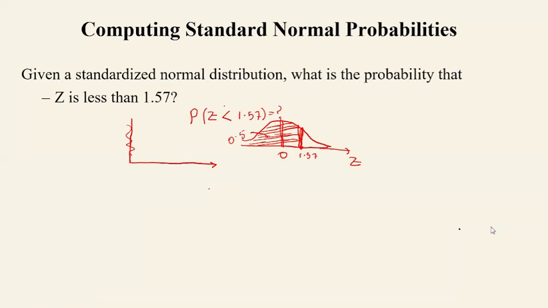We can write the probability of Z less than 1.57 equals 0.5 plus the probability of 0 less than Z less than 1.57. That is 0.5 plus this area, which we have to find using the table.